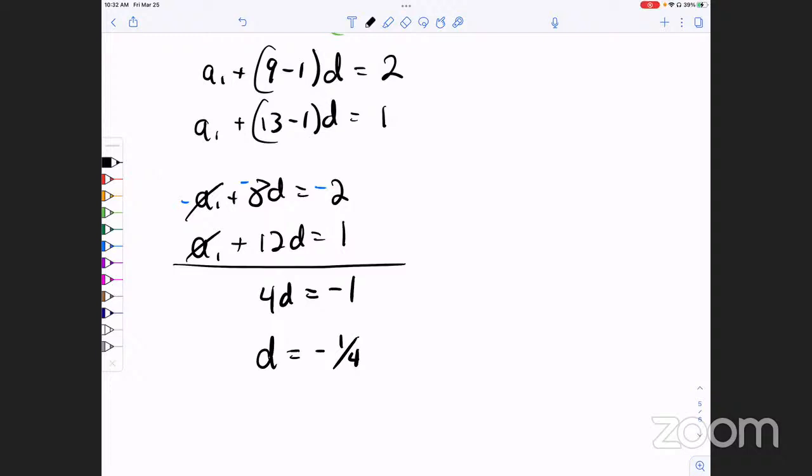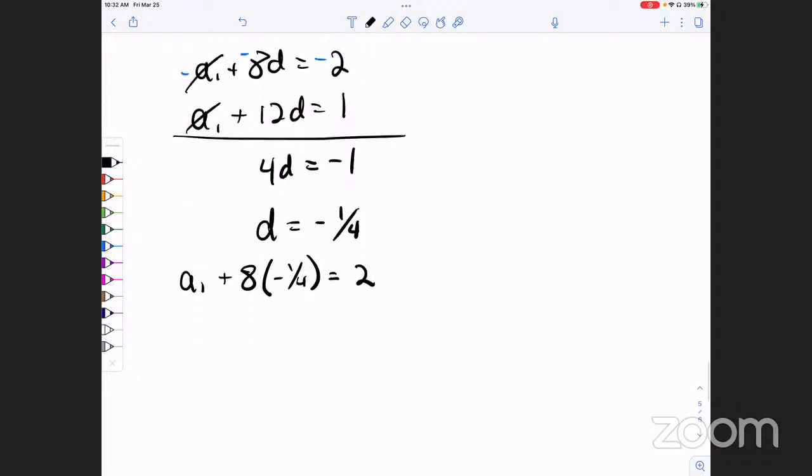Then I'm going to plug it into that first equation. So A1 plus 8 times -1/4 equals 2. What is that? -2. So then add 2. So then A1 equals 4.